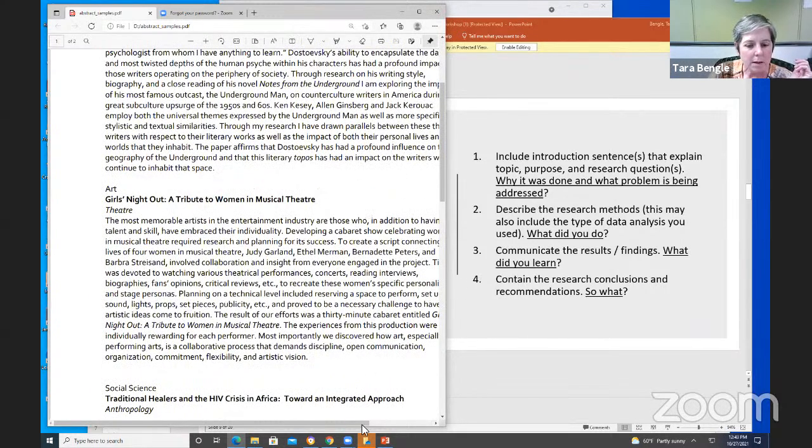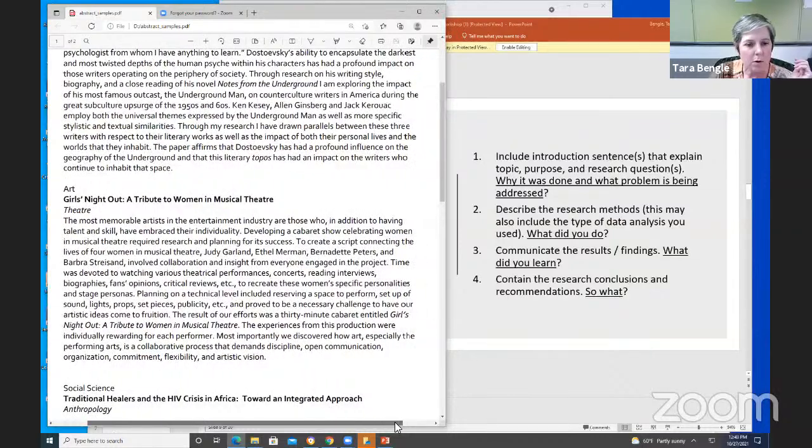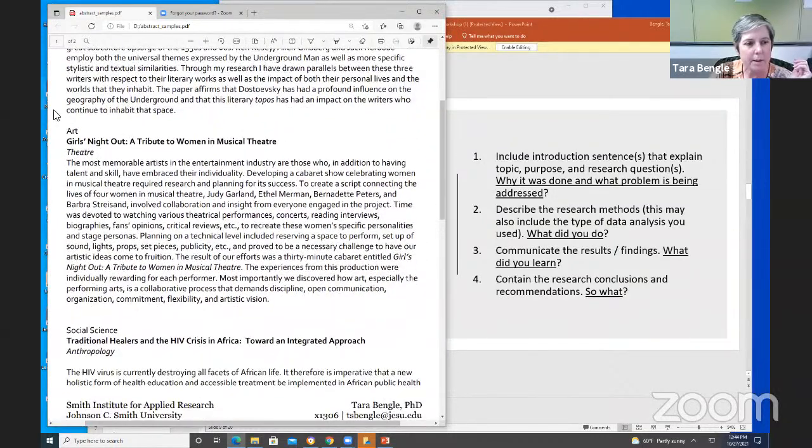if you want to take a quick look at this abstract here, Girls' Night Out, and read through this really quickly, see if you can identify the sentence that describes the topic, the purpose, or the research statement.